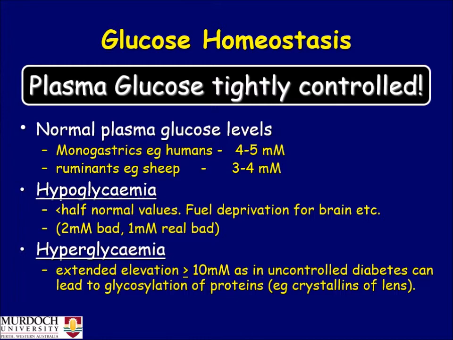And if left unchecked over an extended period of time, this can be quite lethal. And this disease is becoming more and more commonplace in affluent Western societies, classically all of whom are consuming too much sugar on a day-to-day basis.